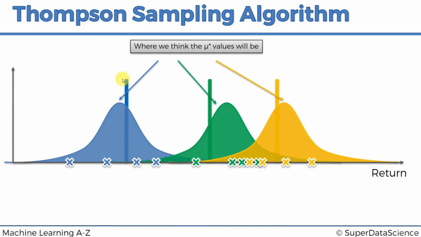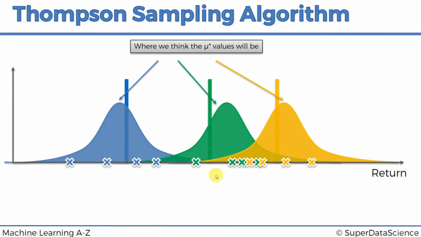So this is mu star, the actual mu star, but we don't know it, so the algorithm doesn't know it. So it's constructed a distribution trying to guess where this value is. And of course, it can't just say it's over here, or over there. It's saying, okay, there's a very high likelihood it's over here, but it also could be here, it could be here. And as you move away, the likelihood drops, but it still could be anywhere in this blue space.